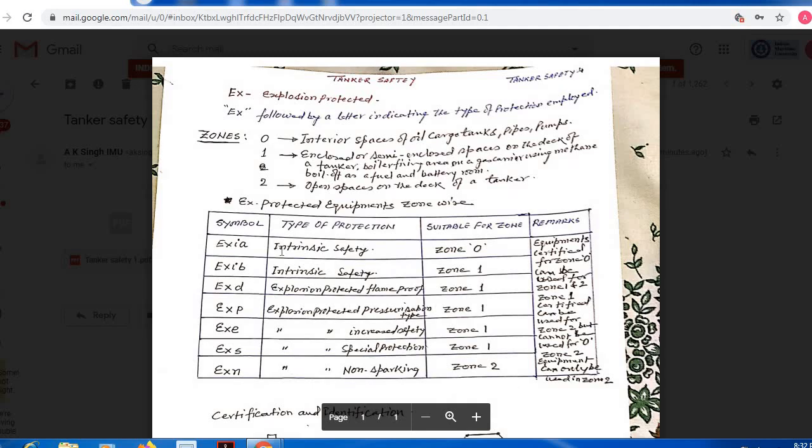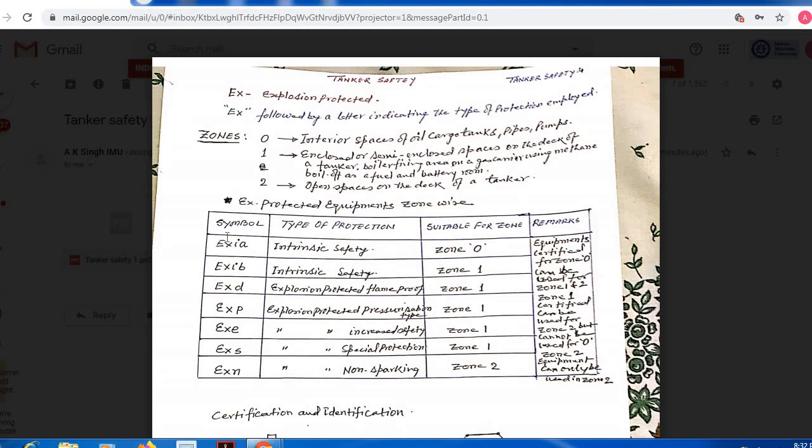EXI indicates intrinsic safety. So both EXIA and EXIB are intrinsically safe systems. But what is the difference between these two? They have a similar standard of safety, but EXIA has a standard of safety higher than EXIB. In what way?